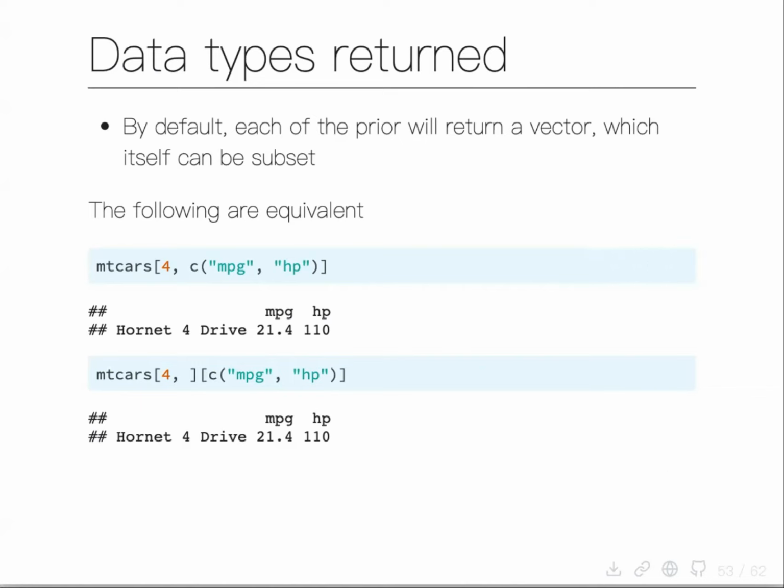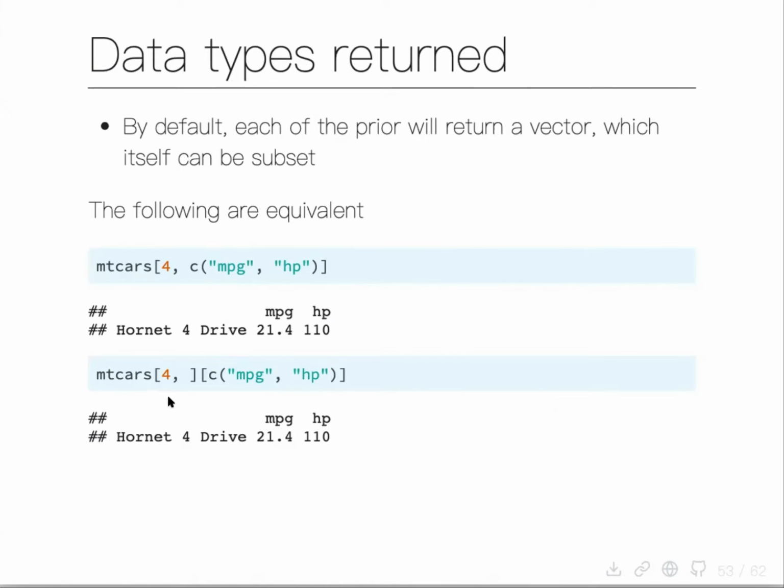I don't have R open, so give me just a second. So that is a list. Okay, so that's a data frame. That's what I thought. So this is returning a data frame now instead of an atomic vector.